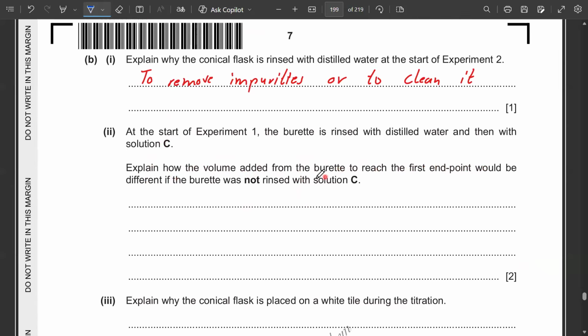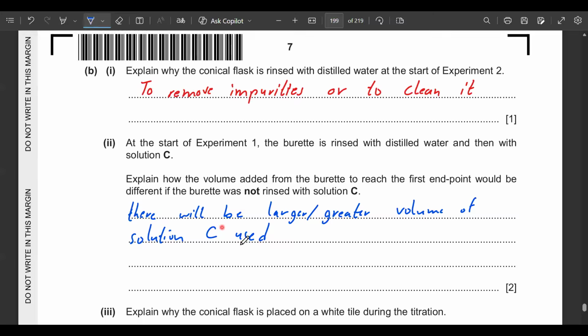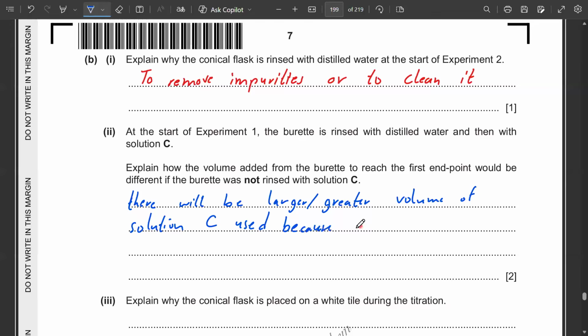If you have not rinsed with the solution C, then definitely there will be a larger or greater volume of solution C used in the first endpoint, because some water was left behind to dilute the solution C.